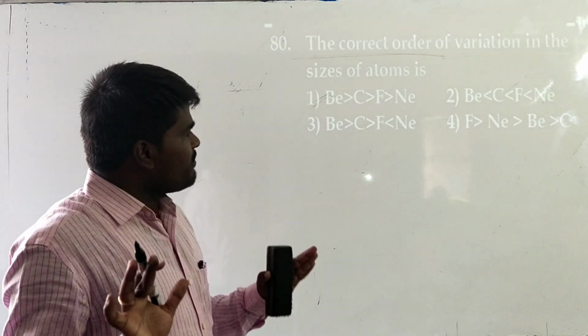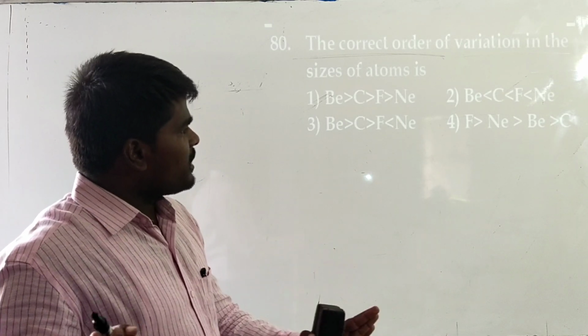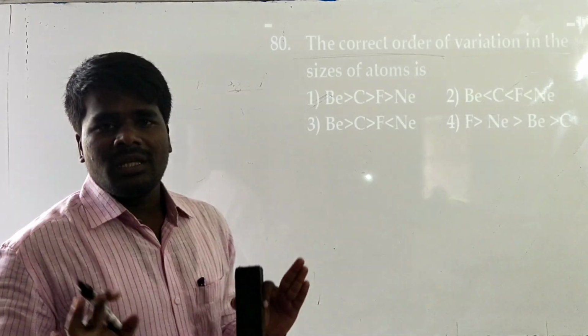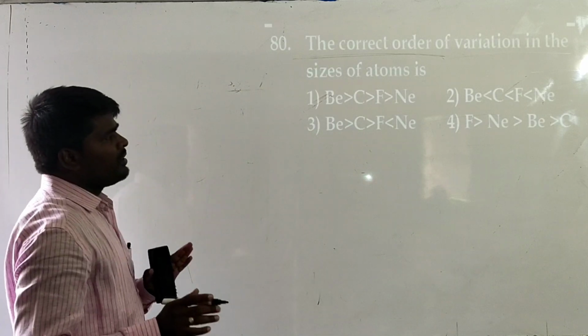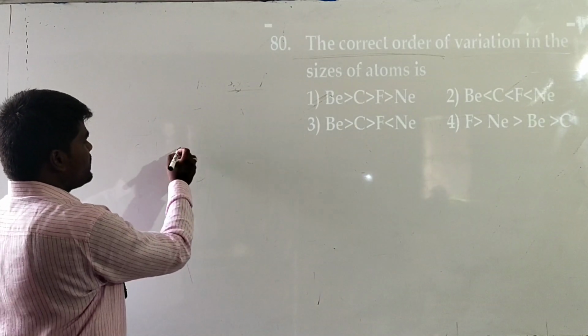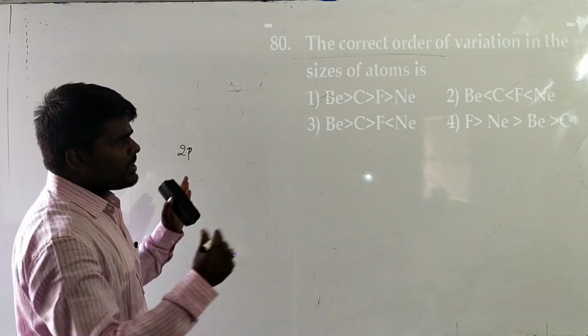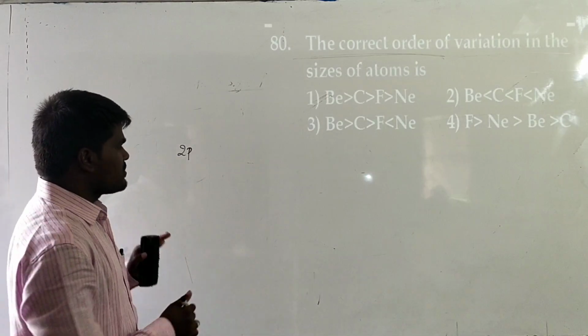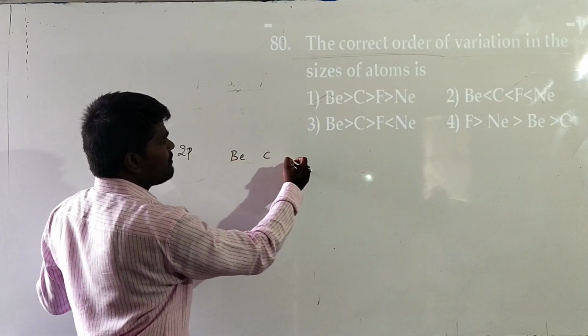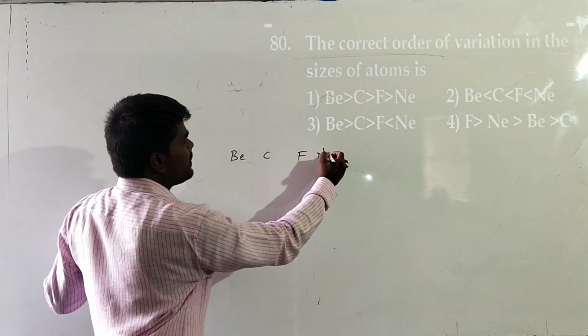If all the elements of the same period are given, you will be lucky. You can solve the question with less effort and less time. So, what are the elements given? Beryllium, carbon, fluorine, neon belong to the same period, that is the second period. Generally, we know that left to right in a period, what happens? Size decreases. Beryllium followed by carbon, fluorine, neon.